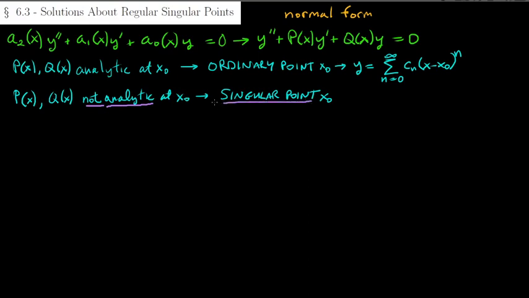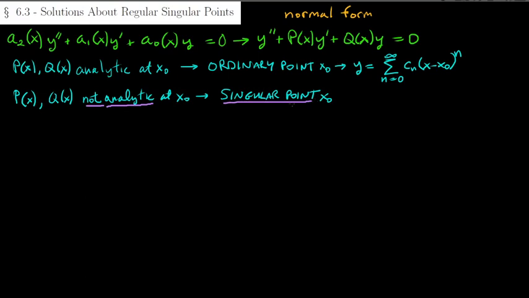And last time we said that singular points are bad because there's no guarantee we can write these as power series. That you can always do for ordinary points, but not always for singular points. So now we're going to concentrate on what happens when you do have a singular point.